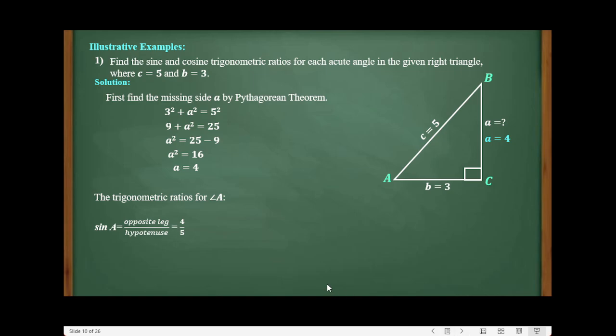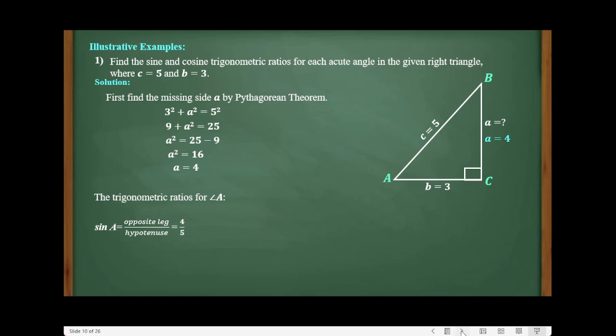Going back to the definition of sine of an angle, particularly angle A, that is defined as the opposite leg over hypotenuse. Obviously, the opposite leg in reference to angle A. And what is that opposite leg of angle A? That is obviously this one, whose length is 4 over the hypotenuse, which is 5.